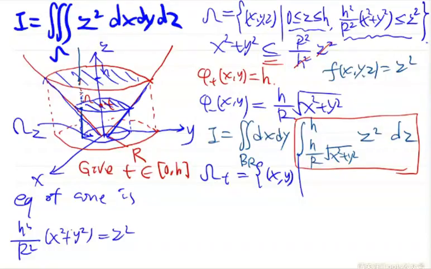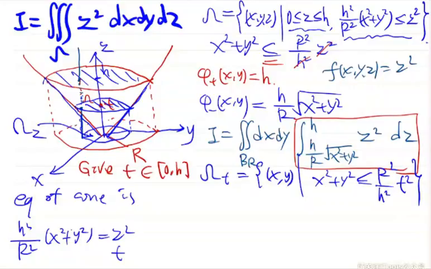Therefore, when z equals t, this is x squared plus y squared equal to r squared over h squared times t squared. This is the boundary of omega t.